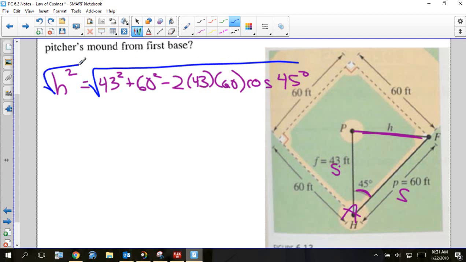I'm going to do it before I type it in or after. The stuff I write on the paper is what I would like to see in your homework, and everything else you're just typing in the calculator.